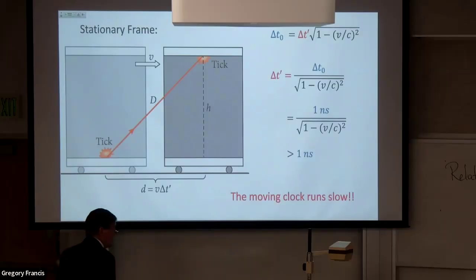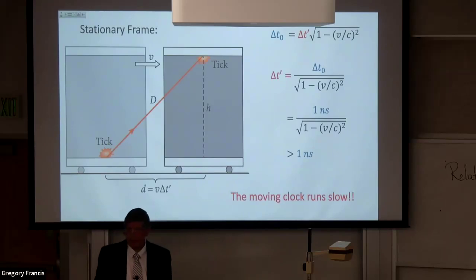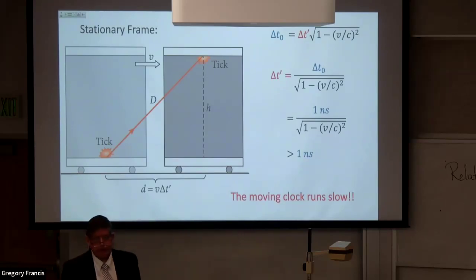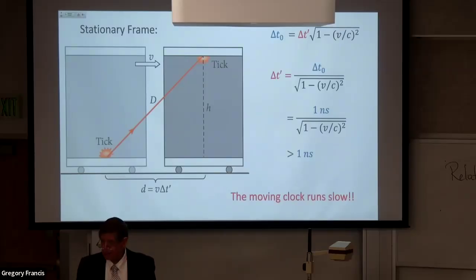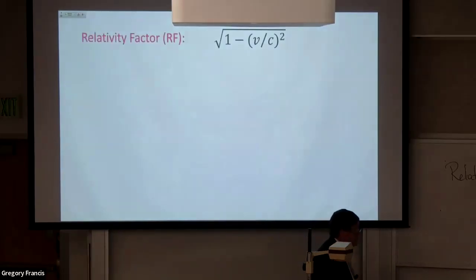Again, this is what we have to take into account to make your GPS work. Those satellites are moving. That's going to introduce one of these time delays. Einstein's general theory of relativity also says that the strength of the gravity that the clock is in is going to affect whether it runs fast or slow. And that turns out to be also an important effect for your GPS.